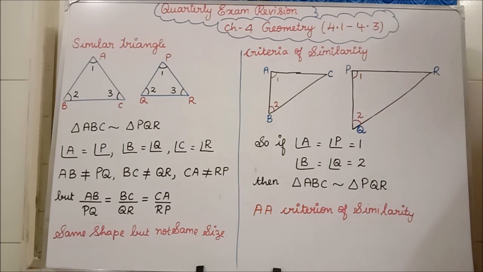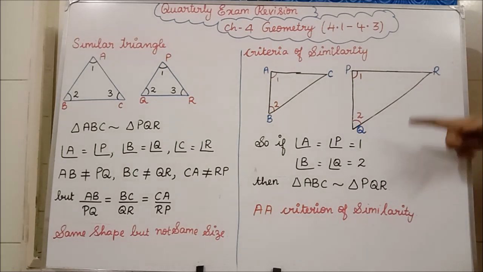Everything you have to see, and then think which criterion applies, and use that criterion. Then you say the two triangles are similar. Then you write the corresponding sides are proportional, substitute the values, and find the value. Clear all of you? Based on that only you have to work out the exercise problems.